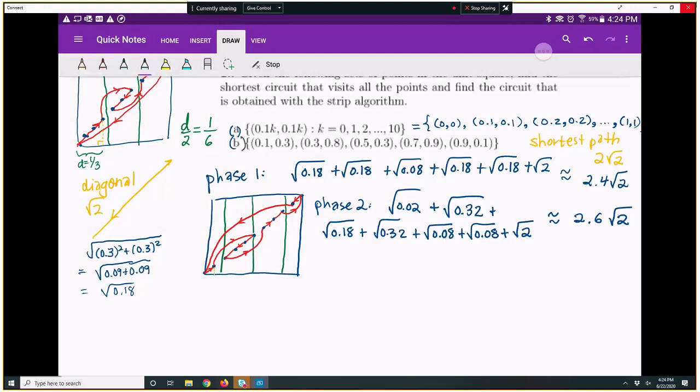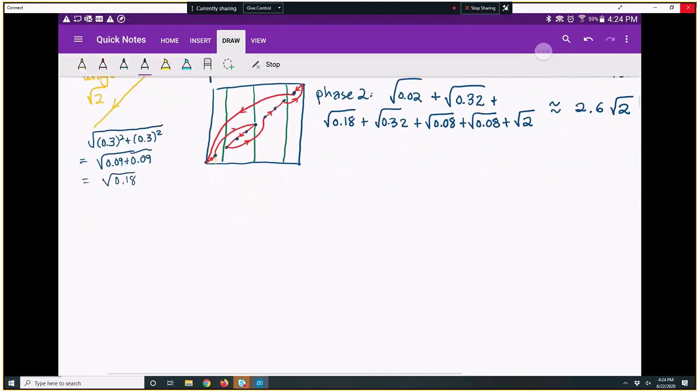We also will look at part A exercise 1 part B, where you have this set, 0.1, 0.3, 0.3, 0.8, and so on. These are all points in the unit square. So if I had to plot them roughly, say, here's my unit square.